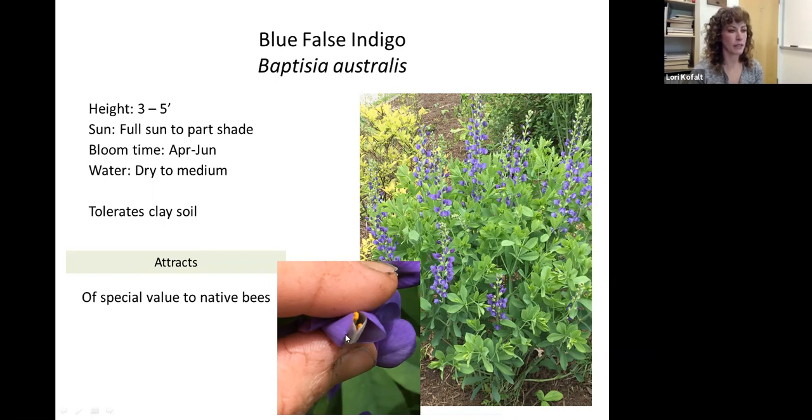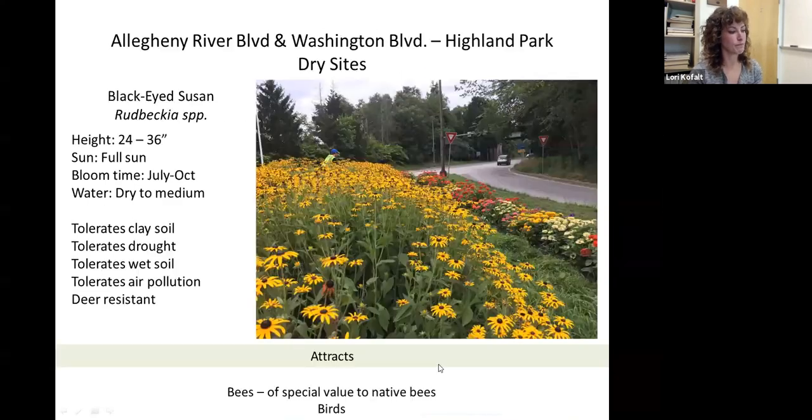So this is a way that the plant protects its pollen from being wasted on a smaller insect that it might not stick to and wouldn't be able to carry, and just the right guy, which is maybe a native bumble or carpenter bee, carries it to the next flower.